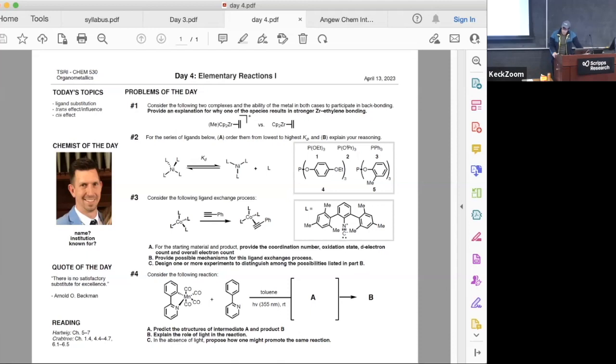Then we'll transition into a discussion of the elementary reactions that coordination complexes and organometallic complexes can undergo. In terms of an analogy, this is like learning the alphabet and the phonics of organometallic chemistry. And then the rest of the class will be composition. So these are some of the fundamentals that we will then apply in composing catalytic cycles.